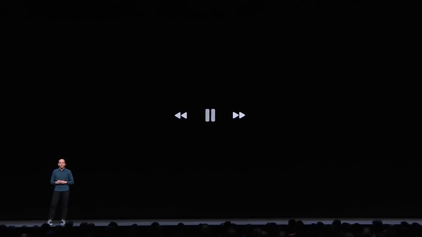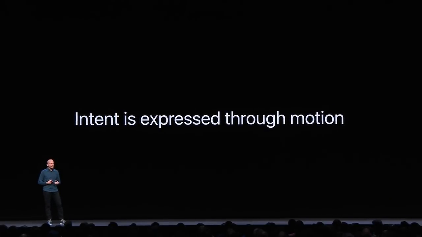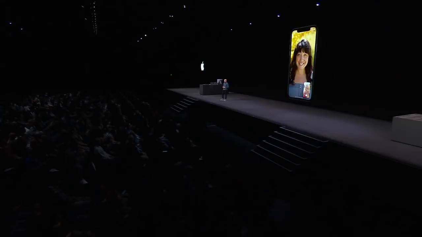And when I tap one of them, the outcome is clear. But with a gesture like a swipe, the intent is less immediately clear. You could say that the intent is almost encoded in the motion of the gesture. And so it's our job, our role, to interpret what the motion means to decide what we should do with it.